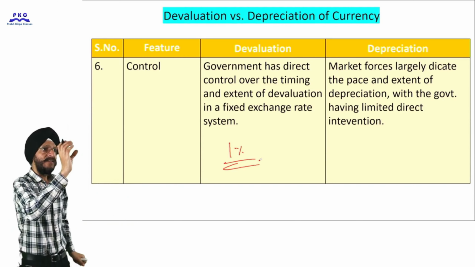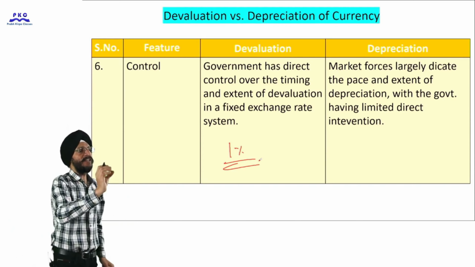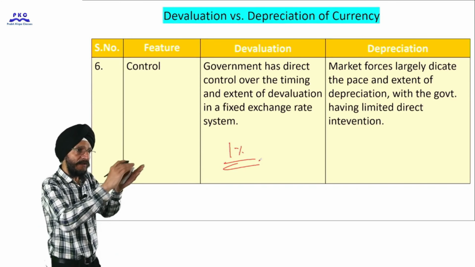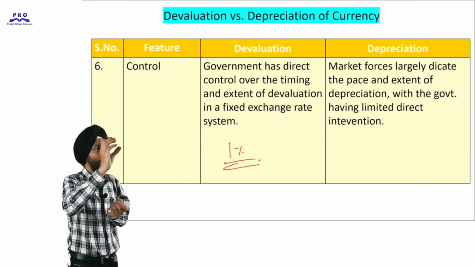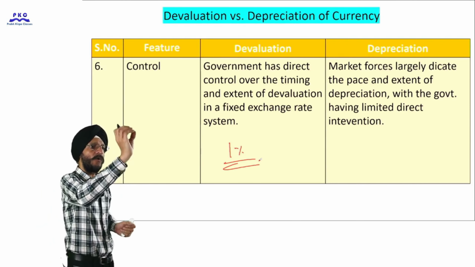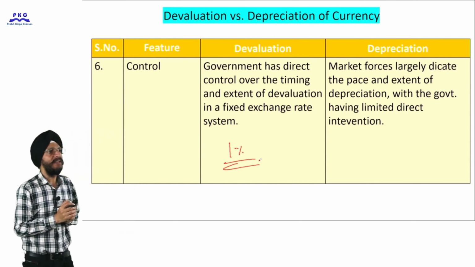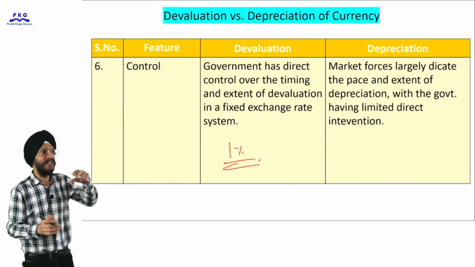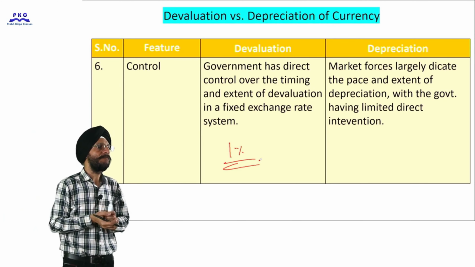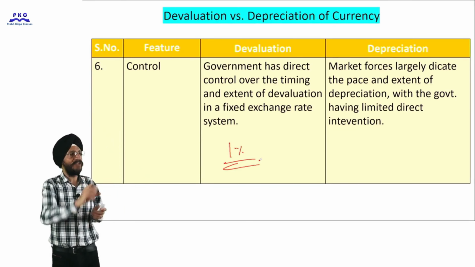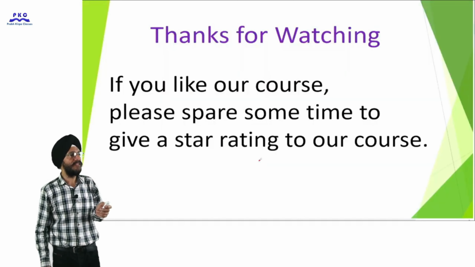That is, the demand and supply mostly decides whether it will be fast, gradual, or what will be the extent of reduction in the value of the currency. With the government having limited direct intervention, that is, in case of depreciation of currency, the government has very little direct intervention.